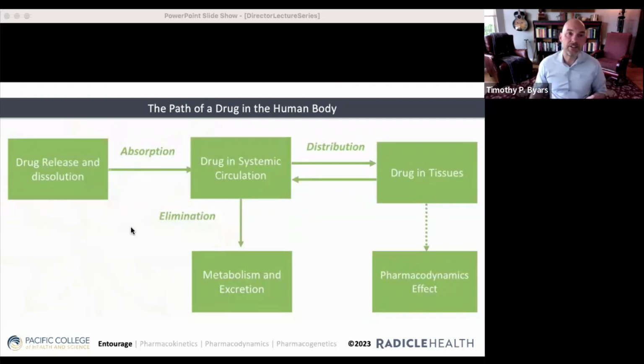It goes into circulation, getting into the bloodstream, and starts to circulate through tissues, and that's when we have our pharmacodynamic effects. Once it starts distributing through the body, it's binding to receptors, going back through circulation, and at the same time it's starting to get metabolized and excreted. So, just a simple illustration here.